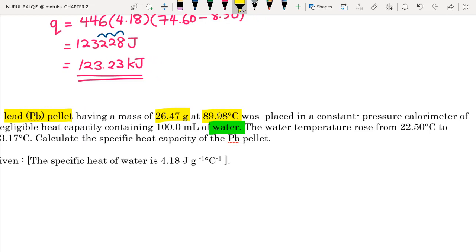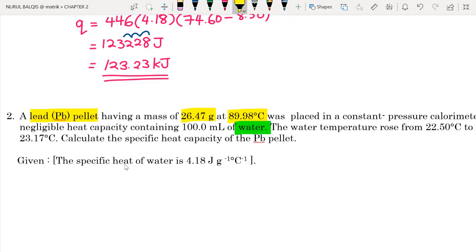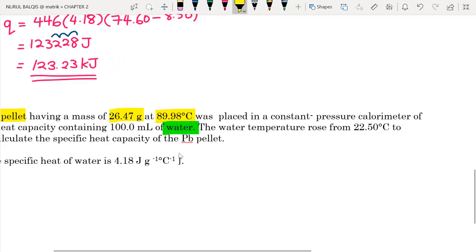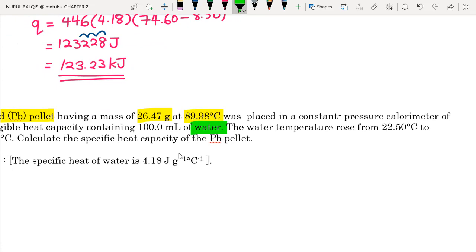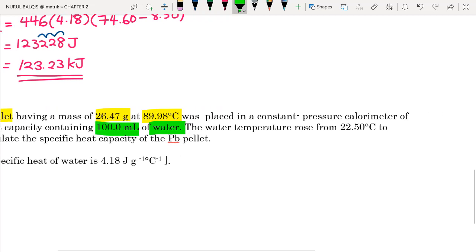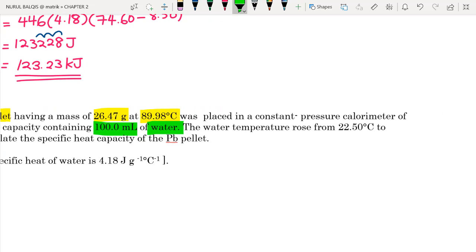So constant pressure calorimeter here is just the setup of this experiment. Okay, and then that has negligible heat capacity containing 100 ml of water. So this 100 ml belongs to water. And then another piece of information regarding water, the water temperature rose from 22.5 to 23.17 degrees Celsius.